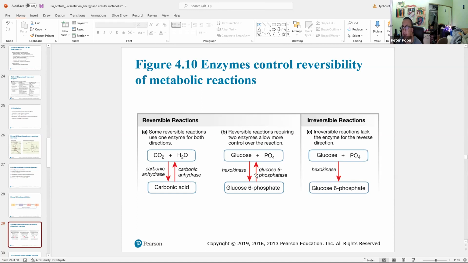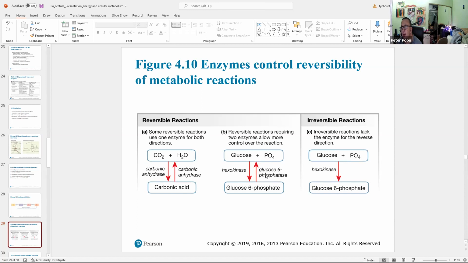You can also have reactions like this, where you have 2 enzymes, one catalyzing the forward reaction and one catalyzing the backward reaction, and these are irreversible reactions. I know it's confusing that the same enzyme is used for the series, but in reality, the reaction they're showing you is actually an irreversible reaction.